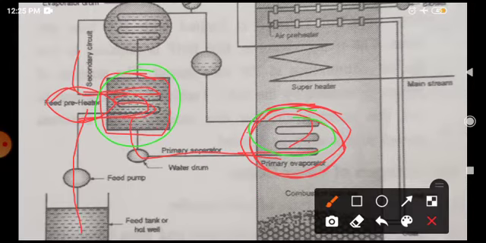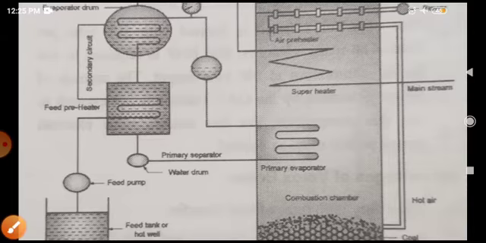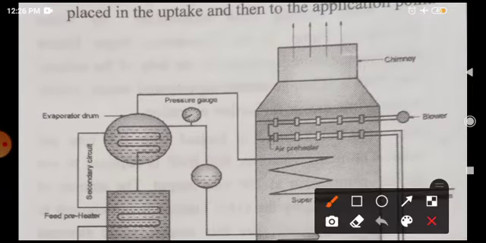Next, this water, which is now at high temperature, goes to this particular point, the evaporator drum, where the water gets converted into steam.